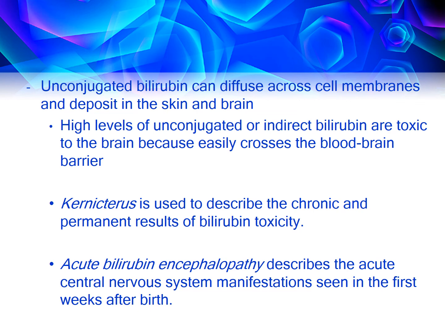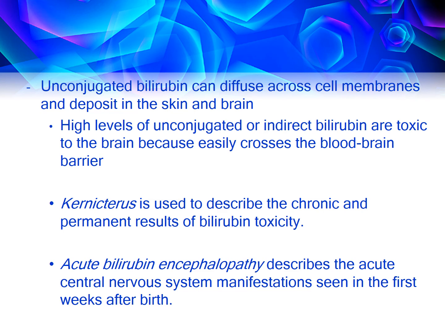All right, so why do I care about bilirubin levels? Well, unconjugated bilirubin can diffuse across the cell membranes and deposit in the skin and the brain. So remember, unconjugated or indirect bilirubin can cross that blood-brain barrier. That's what we're worried about.